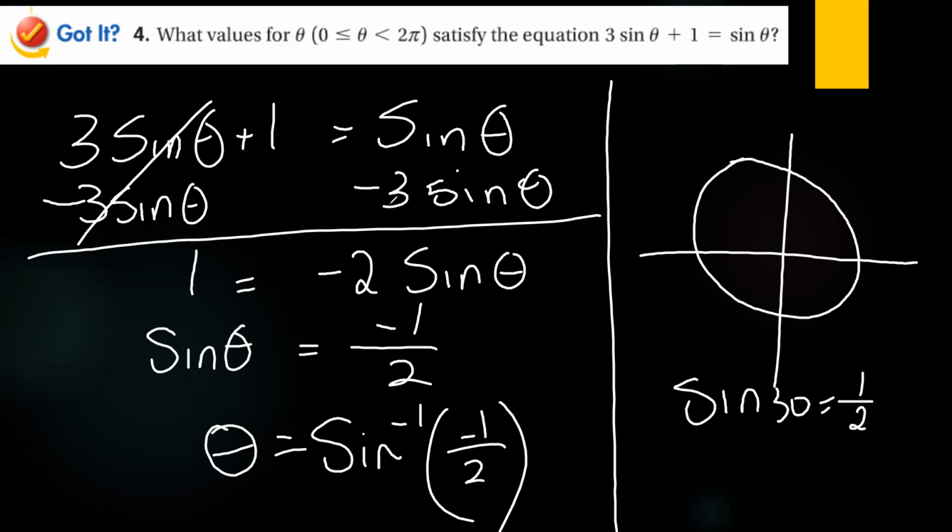That means I'm looking for which quadrants the sine is negative. And the sine is negative in quadrant 3 and in quadrant 4. So I need to rotate from the nearest x-axis by 30 degrees.